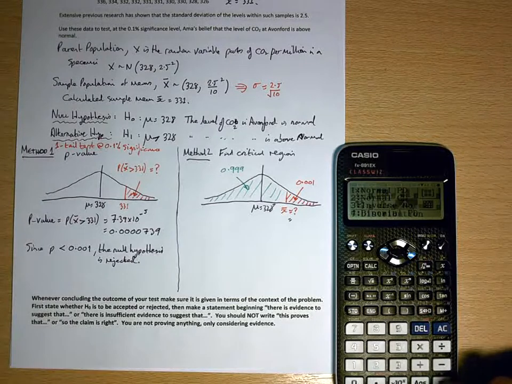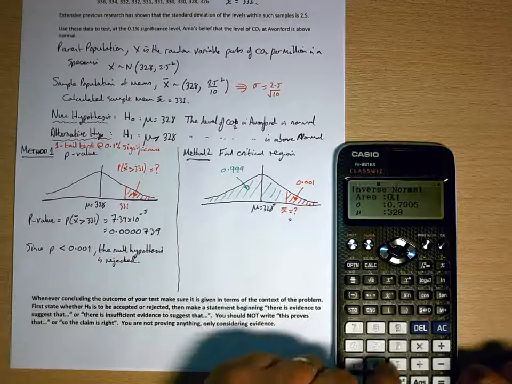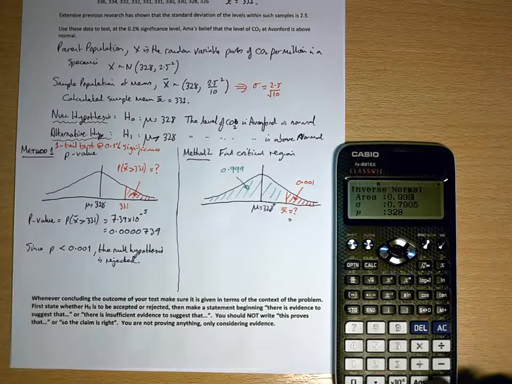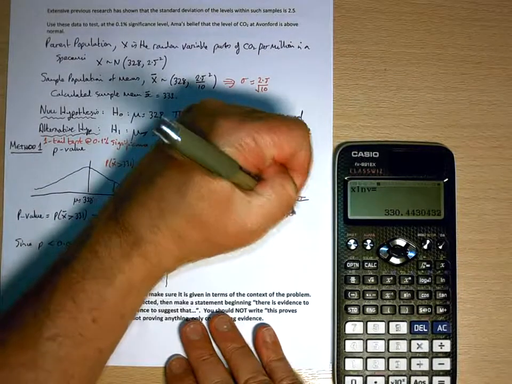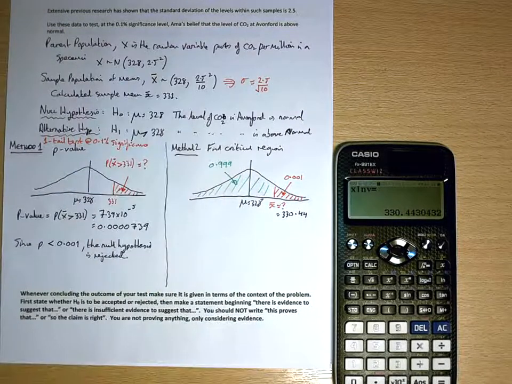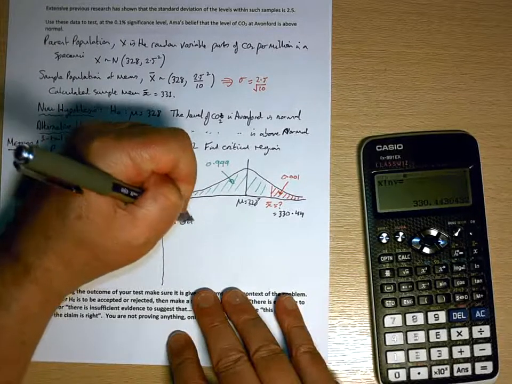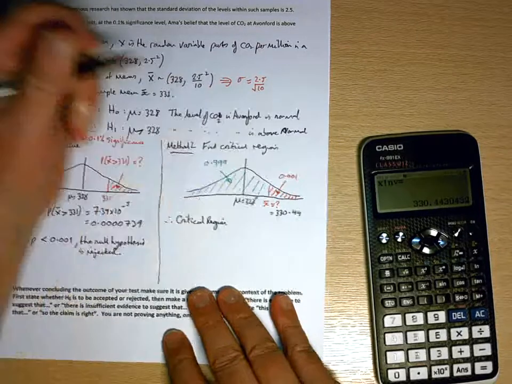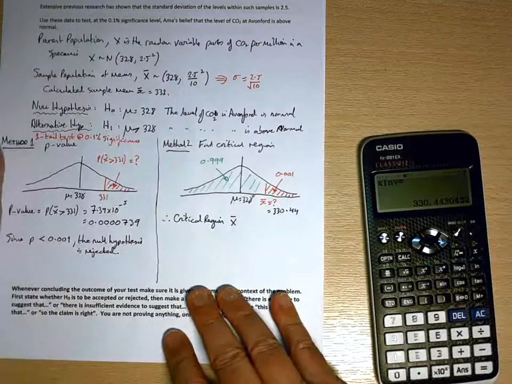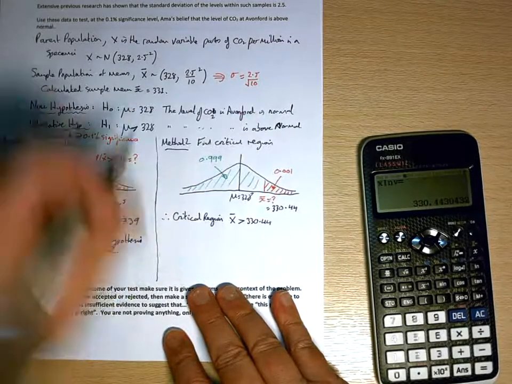So I want to go back in here, 3 inverse normal, and I want to put the area in of 0.999, which then gives me a calculated value of 330.44. So the critical region will have the mean greater than 330.44.